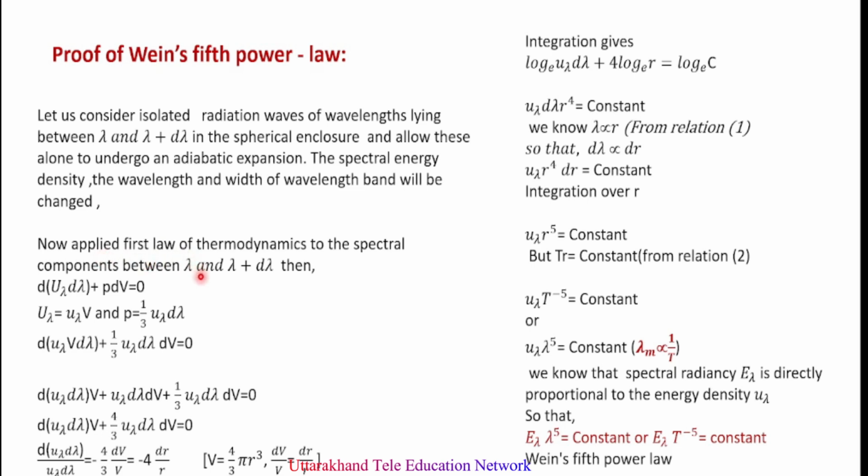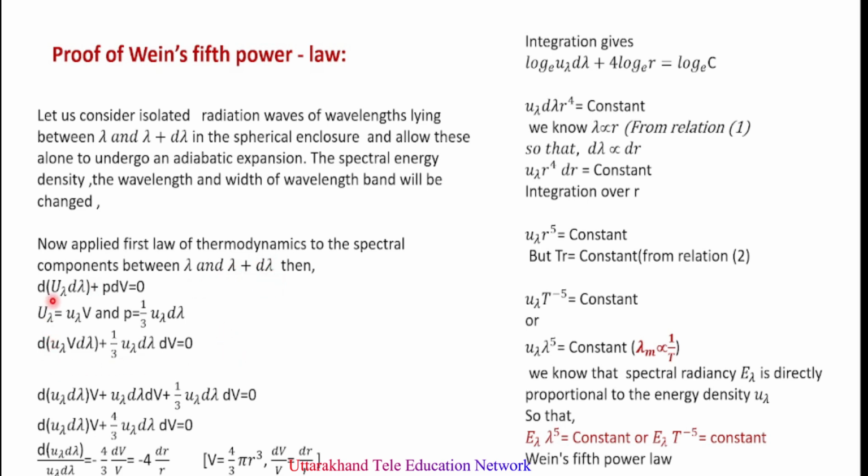The first law of thermodynamics says the change of internal energy dU plus the work done P dV is equal to dQ, but dQ will be 0 because here it is adiabatic expansion, so we consider it 0. And U we can write in the form of u lambda d lambda. This is the total internal energy of the radiation in the wavelength range lambda to lambda plus d lambda.